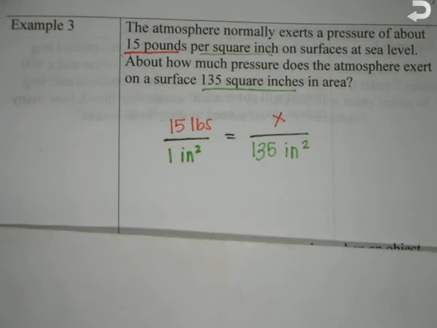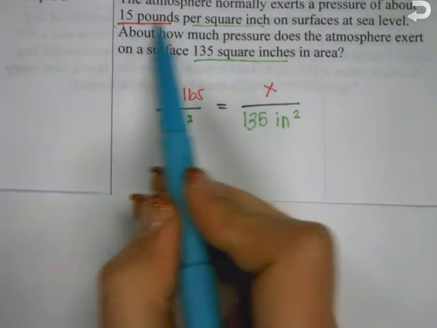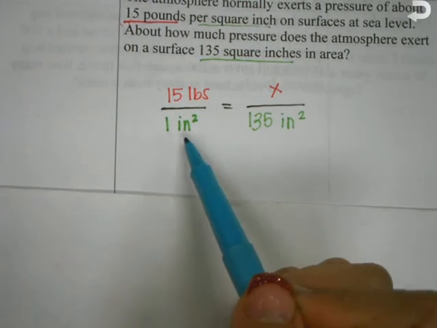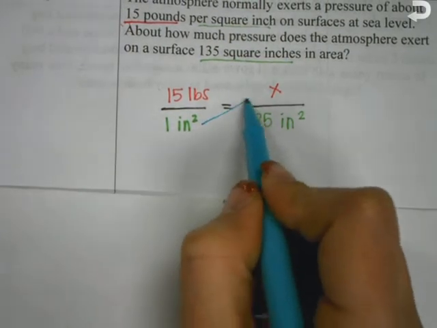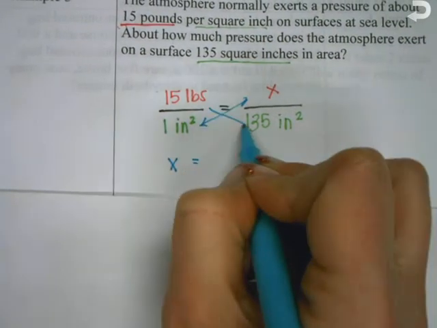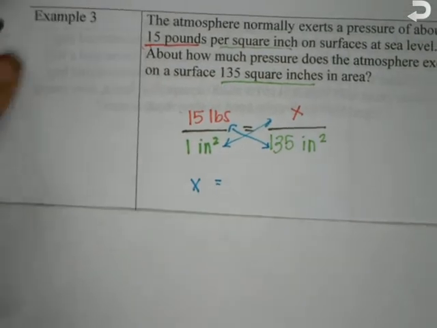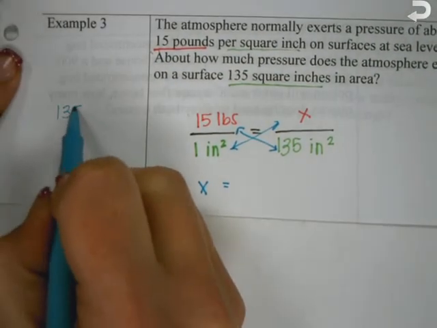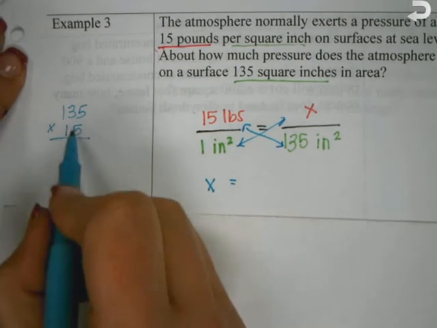It gives it to us up here per square inch, so that means 1 inch squared. One of them. Okay, we're going to cross multiply here. So I have X equals 15 times 135. Okay, 135 times 15. 5 times 5 gives me 25. 5 times 3 is 15, plus 2 is 17. 5 times 1 is 5, plus 1 is 6.